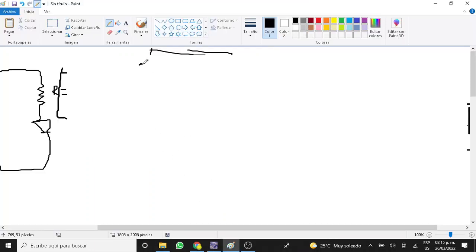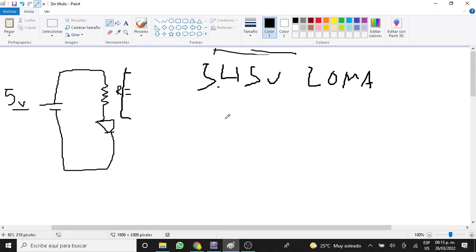So we have 3.45 volts and 20 milliamps. We are going to do the same.